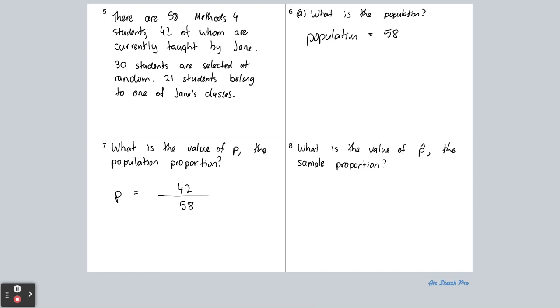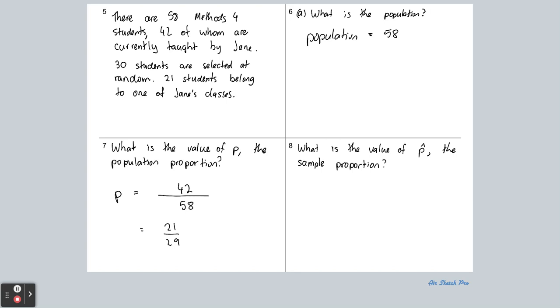And you can use a calculator to determine what that is as a simplified fraction. I think it's just 21 over 29, I think, is as simple as you can make it. So that's the population proportion.